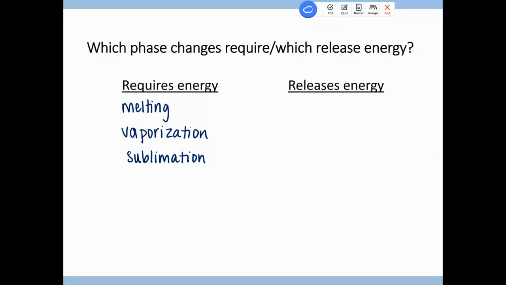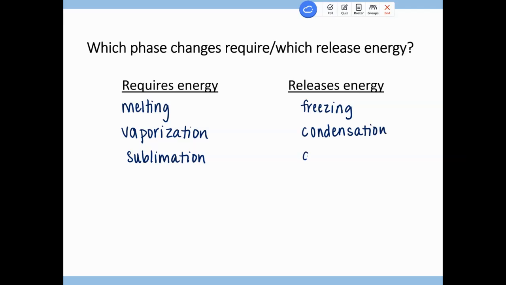And then the rest release energy. So starting from a liquid, changing phase to a solid, that solid is a lower energy phase. So to go from liquid to solid, that substance releases energy. So that will be freezing. Gas to liquid, condensation, is releasing energy.